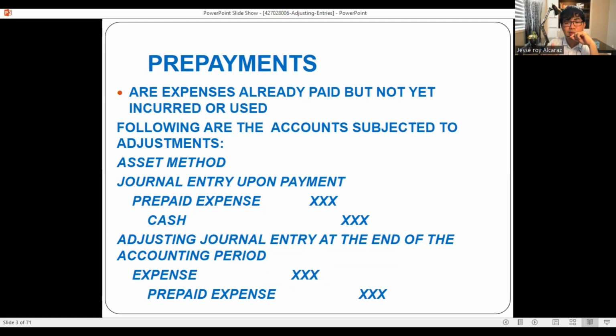At the end of the period, for example at the end of the month, we have already used the rent, a portion of what we paid. Since we have used it, it will already entail an expense. However, since we already paid for it previously, we will not pay for it again in the present. Instead, we record the expense and deduct it from our prepayments. That is why we debit expense here and credit prepaid expense.